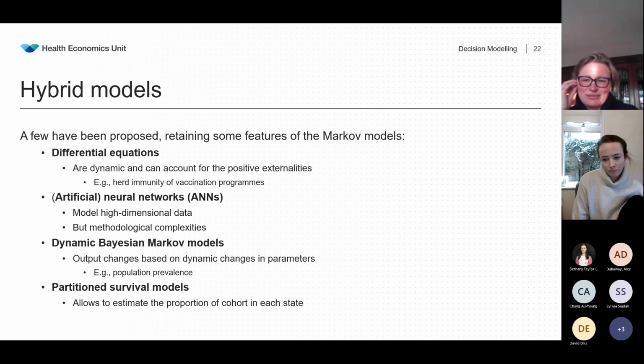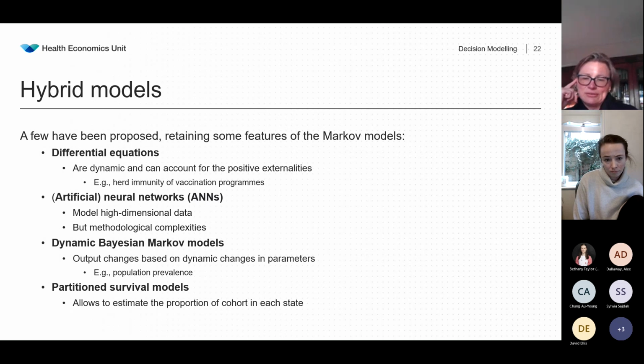And there's also a question of data completeness with electronic health records. That can reduce the model performance if it's not handled appropriately. Another approach is dynamic Bayesian Markov models.